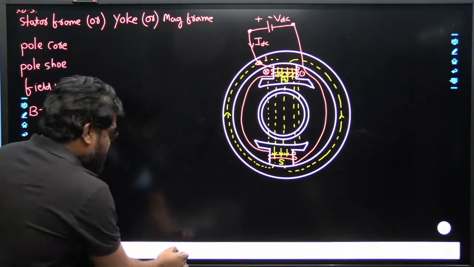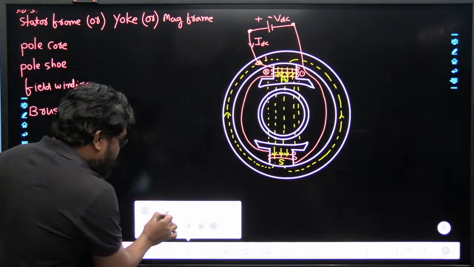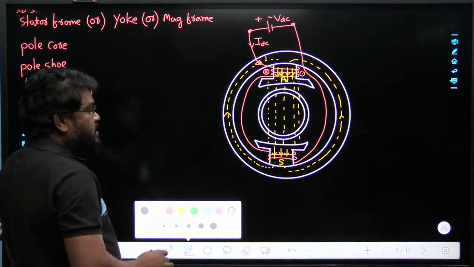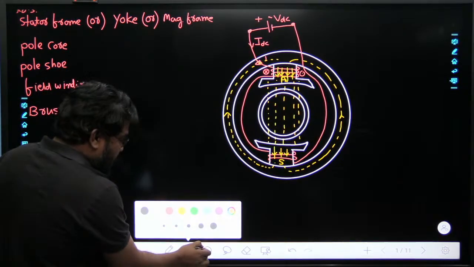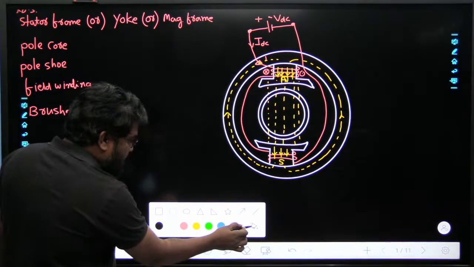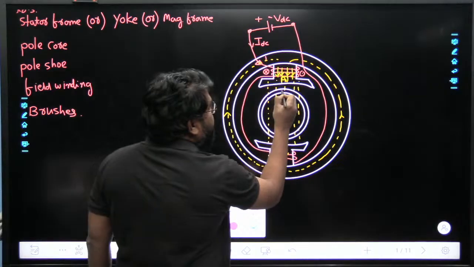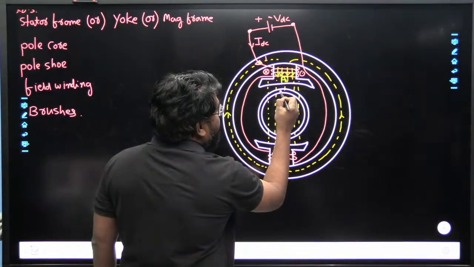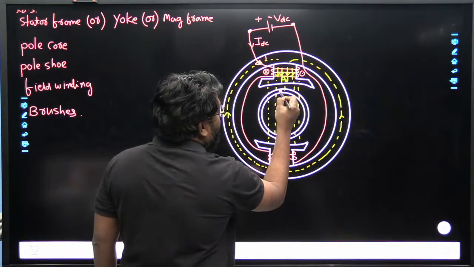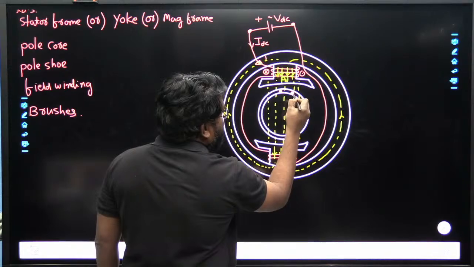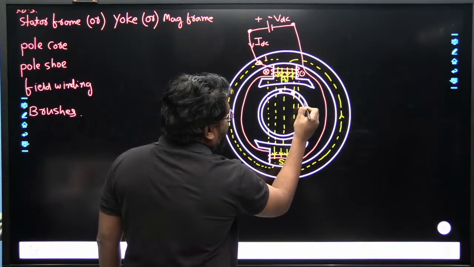The conductors are placed in this armature core. So how do we place the conductors? All the armature conductors are placed in the armature core like this. This is one conductor, a second conductor and a third conductor, and so on.